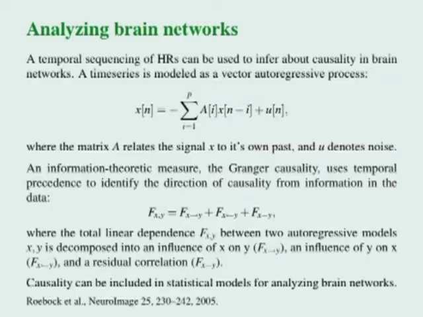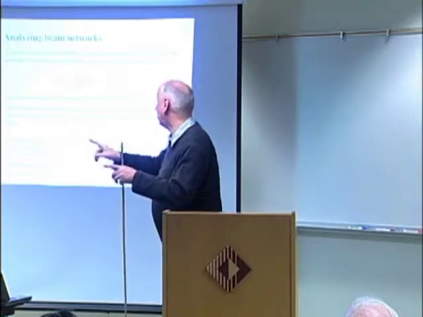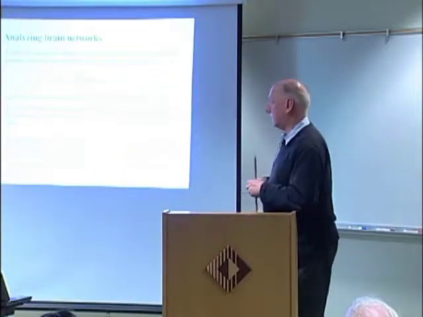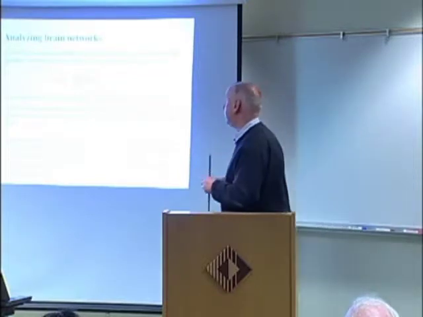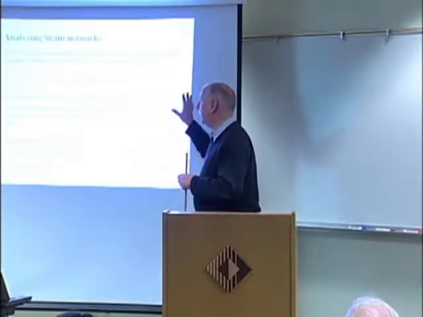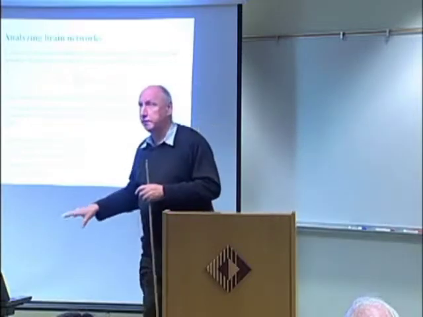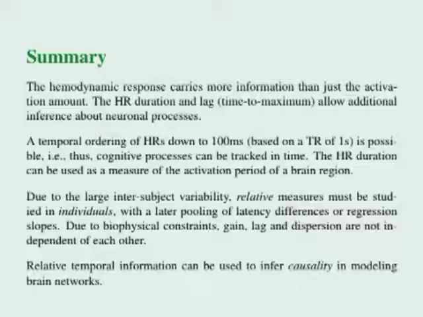And you can do it using this autoregression model, or you can do it using Markovian chains, as we heard yesterday from Clark. In the very end, this means just that you can use this temporal information to learn about which area drives which, so you can give more meaning to the relative temporal order. And I understand that a lot of models have been developed here in recent years.